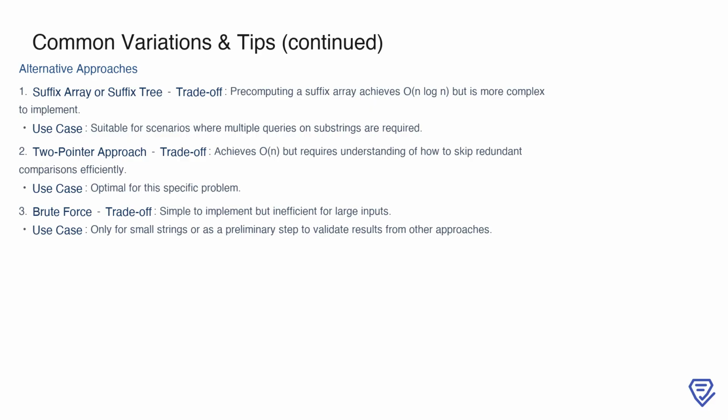On the other hand, the two-pointer method is simpler to implement for this specific problem and achieves optimal O(n) performance by skipping redundant comparisons. While brute force is the least efficient, it has its place as a basic or preliminary approach, especially for validating results on smaller inputs. Each method has its trade-offs, so selecting the right one depends on the problem's constraints and your implementation goals.